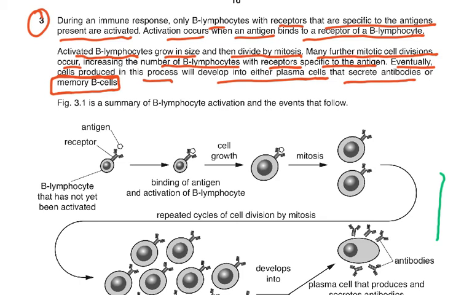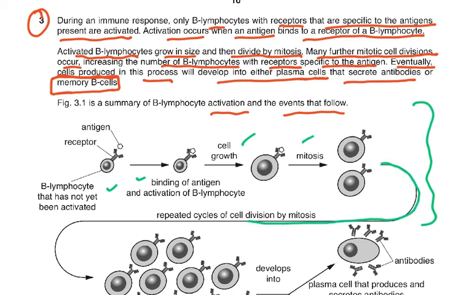Figure 3.1 is a summary of B lymphocyte activation and the events that follow. So you need to look at this very carefully and analyze it. So we have antigen, receptor, a B lymphocyte that has not yet been activated, binding of antigen and activation, cell growth, mitosis, and then of course we see this arrow coming here, repeated cycles of cell division by mitosis.